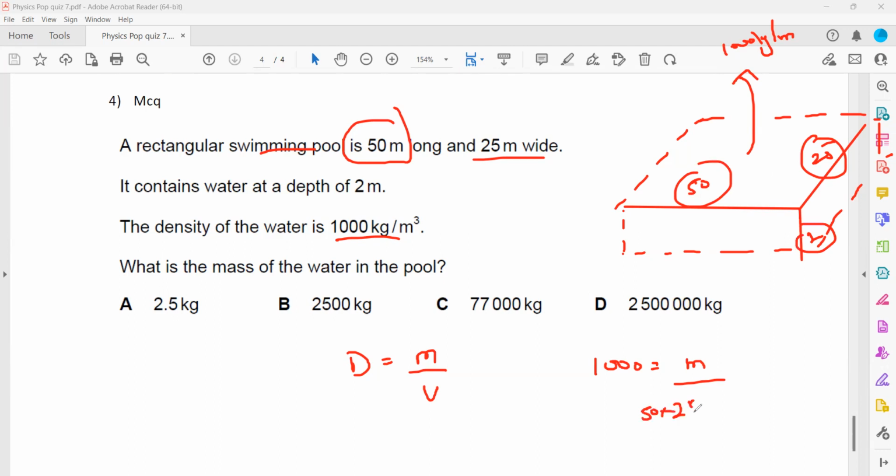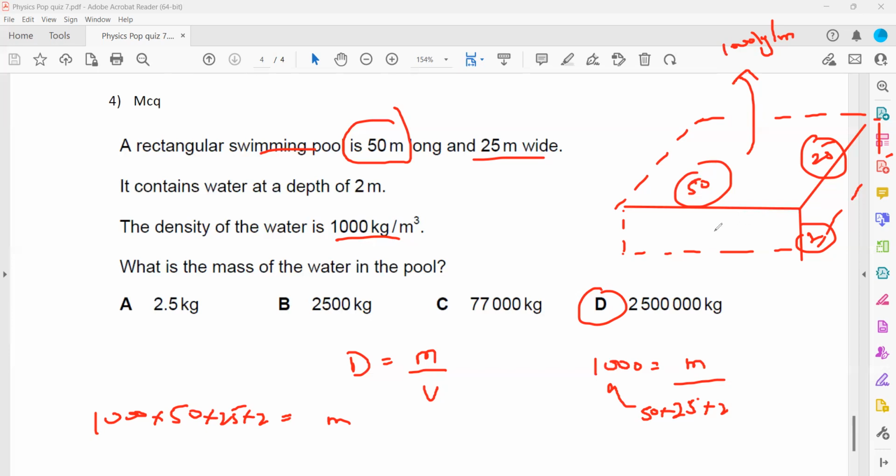So it will be 1000 times 50 times 25 times 2. This gives us the total mass, which is about 2.5 times 10 to the power 6 kilogram.